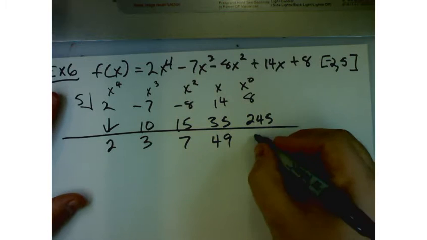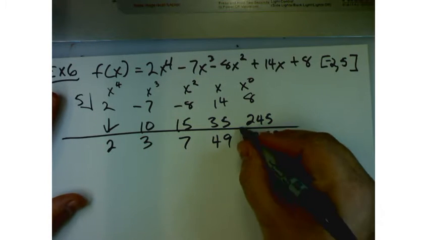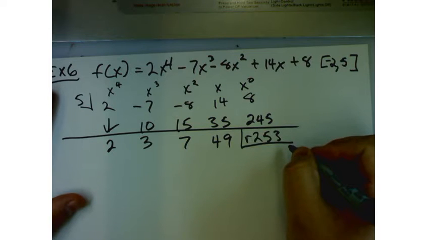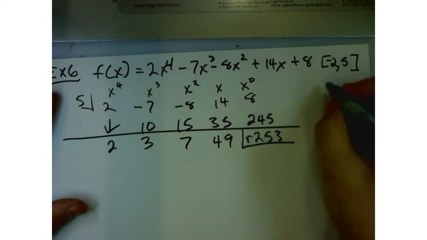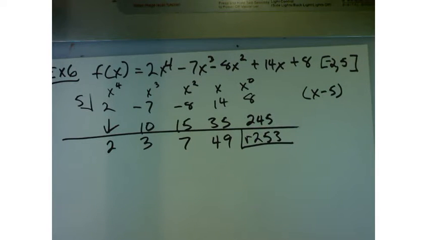Add 8 to that, and I get 253. That's my remainder. In other words, if I were to take this and divide it by x minus 5, that would be my remainder. I'll explain this in a second.